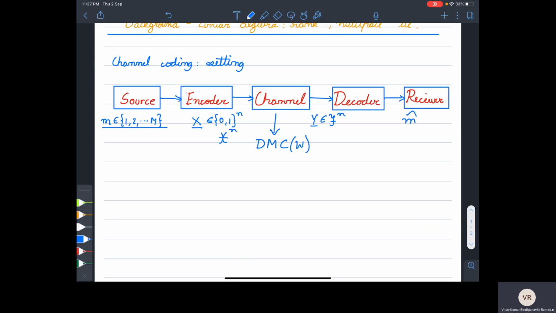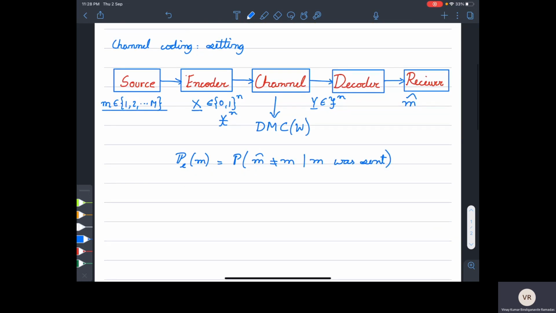Now the probability of error when a particular message M was sent was defined as the probability that M hat is not equal to M given that M was sent. We had defined two notions of the probability of error.